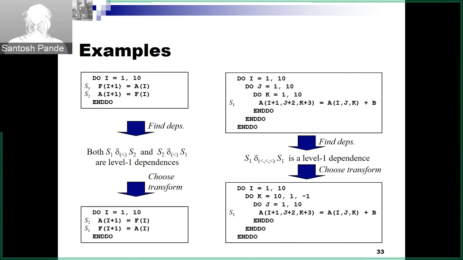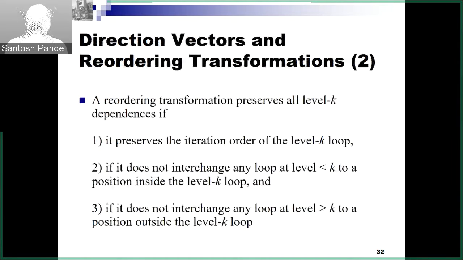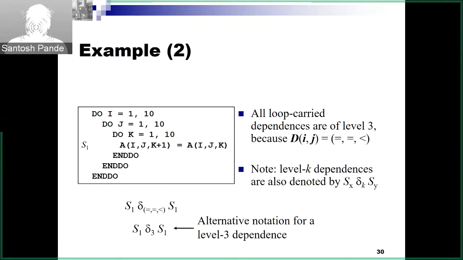So we are able to do interchange here for inner loops. We are able to reverse the order as long as we preserve the outer loop which is carrying the dependence in this particular case. In the previous example, the dependence carrying loop was K. So if we, for example, run it in a reverse order, there will be a problem.